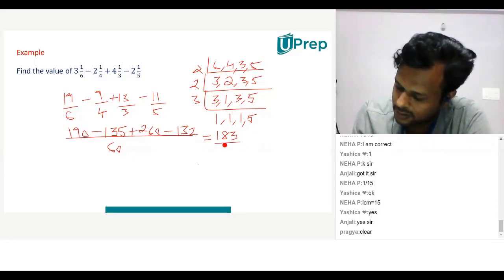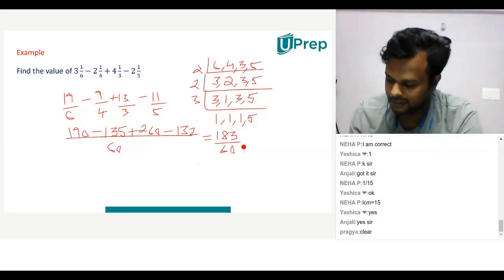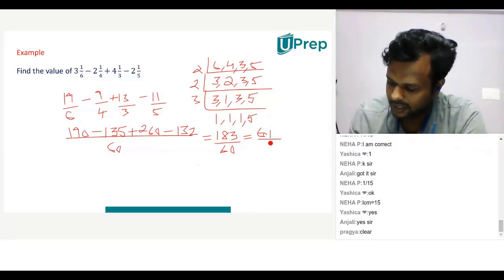Sir, can we simplify this? We can simplify this further, isn't it, children? Yes, sir. So this is 361 by 20.